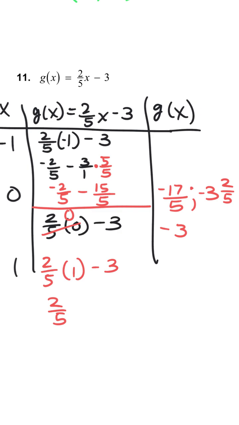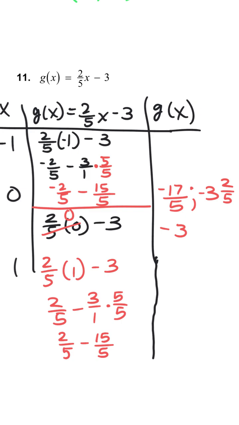We have 2/5 minus 3 over 1. I'm going to continue to find the LCD. So now we're left with 2/5 minus 15 over 5. And what is 2 minus 15?